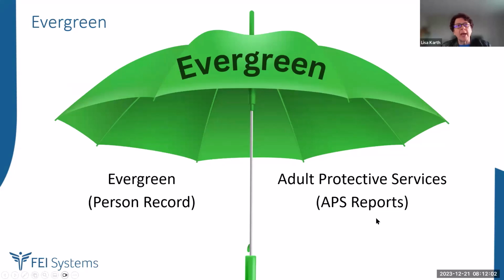This is your APS reports. Within Evergreen, when you hear someone say Evergreen, they are referring to the side with the person record and the care coordination. If they are referring to the Adult Protective Services side, it's referred to as APS reports or might be shortened to APS.